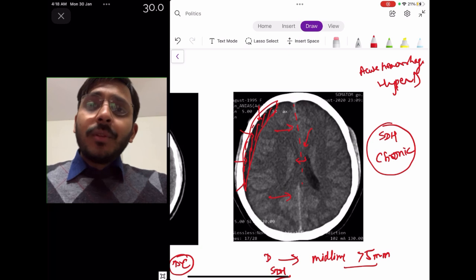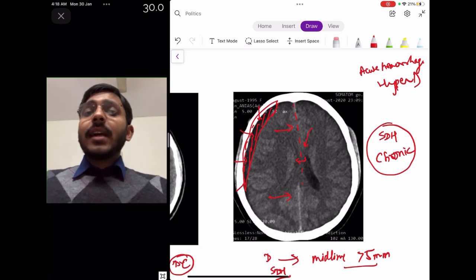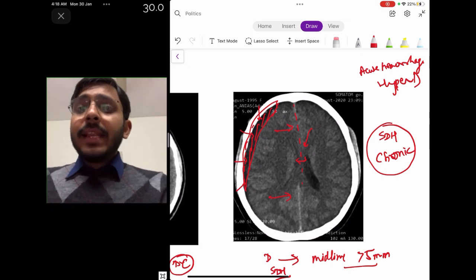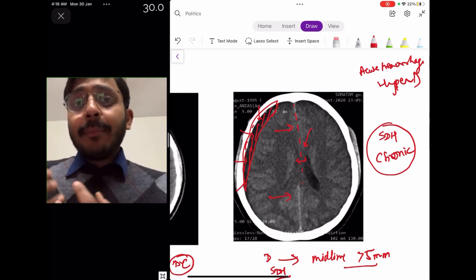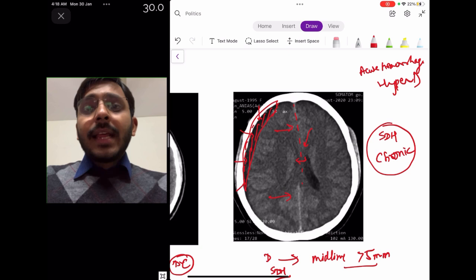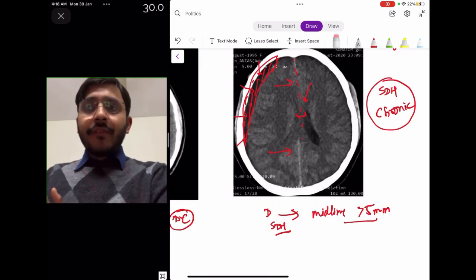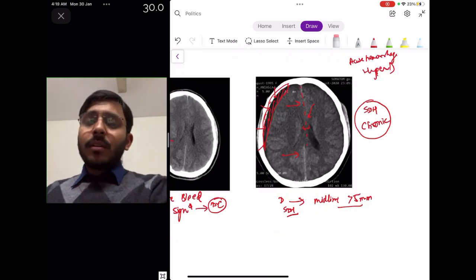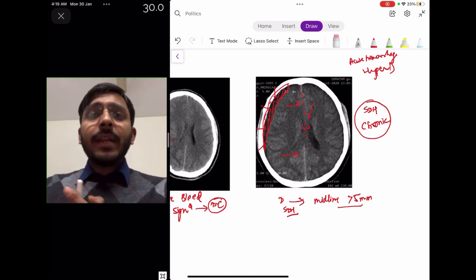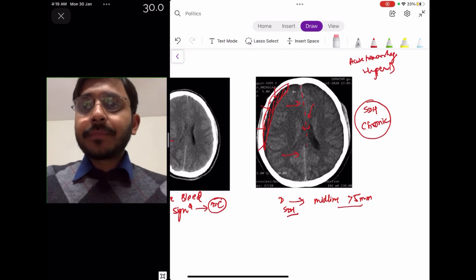As we all know, chronic bleed is hypodense to the brain parenchyma, right? So in this case, it is a chronic SDH causing midline shift. In SDH, when do you do a decompressive surgery? If there is a midline shift of 5 mm or more, the patient needs to be taken for decompression surgery.